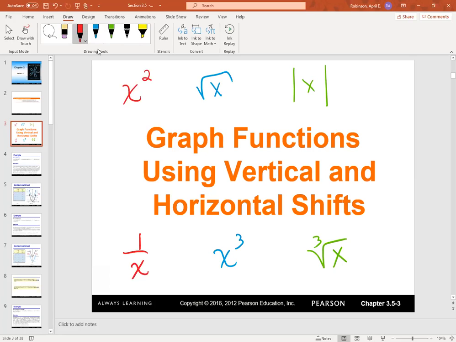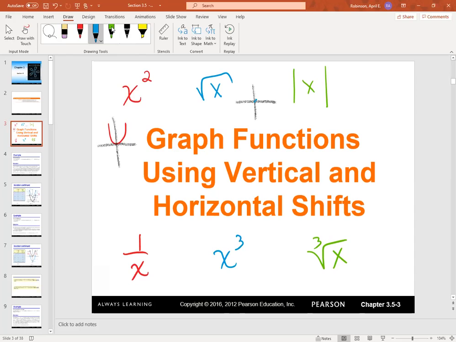Remember, x squared is a basic parabola that sits on the graph like that. And then the square root of x, that's what that looks like. And then the absolute value of x sat right on the vertex, and it was a perfect V like that. And then 1 over x, that was the reciprocal function, which was in quadrants 1 and 3.